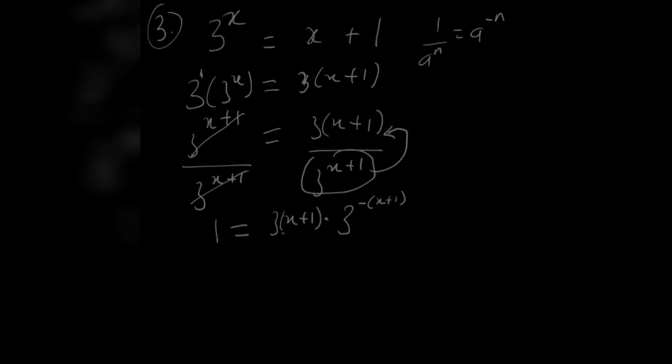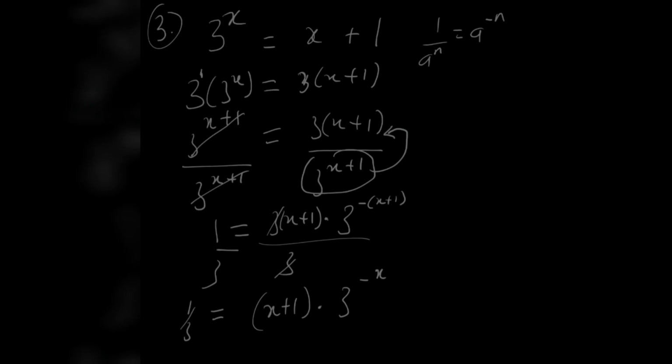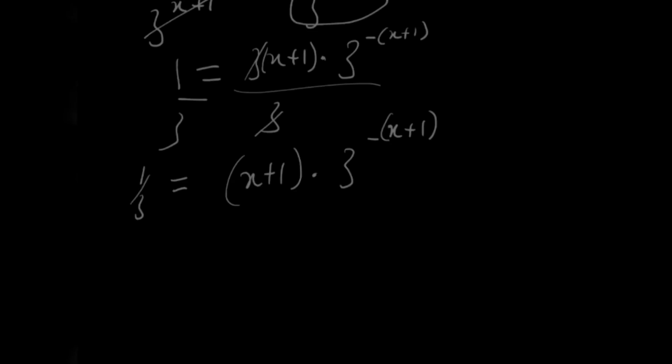Okay, we want to get rid of this 3, so we divide through by 3. They cancel out, so we have 1/3 equals x plus 1 multiplying 3 raised to the power minus x plus 1. Okay, so our next step will be manipulating this thing.